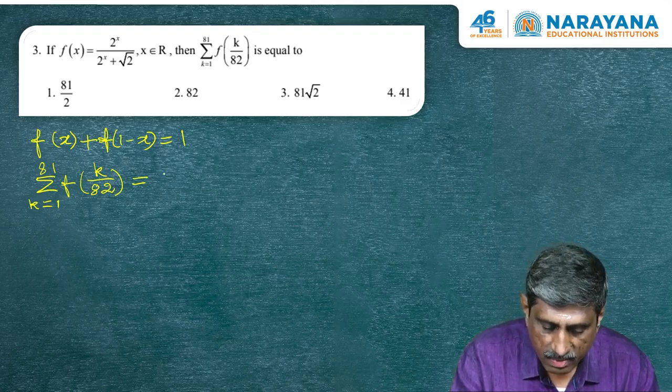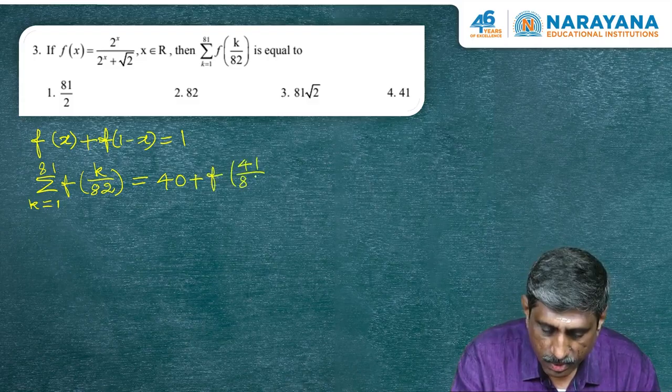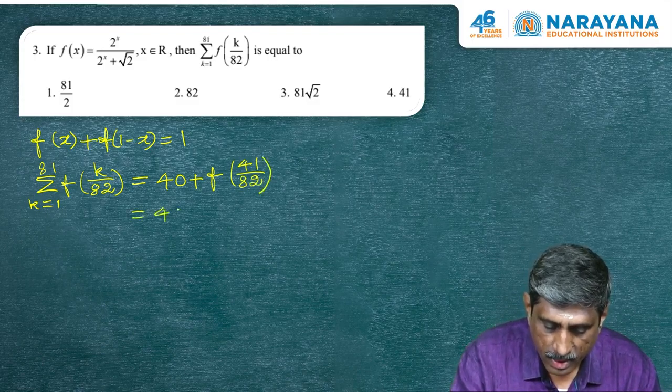So, like that we are going to get 40 pairs, plus the middle value, that is f of 41 by 82, will be left over as a single term, which is 40 plus f of 1 by 2.